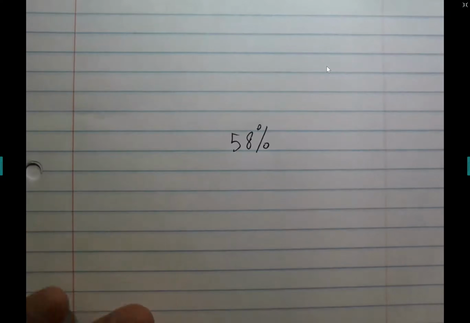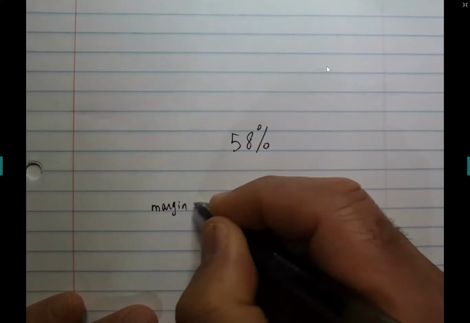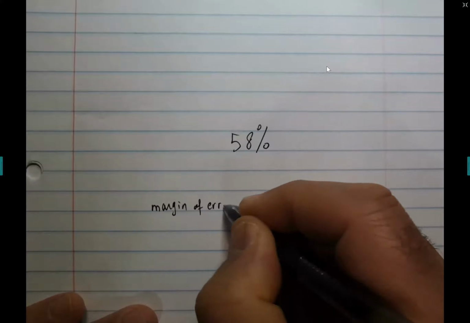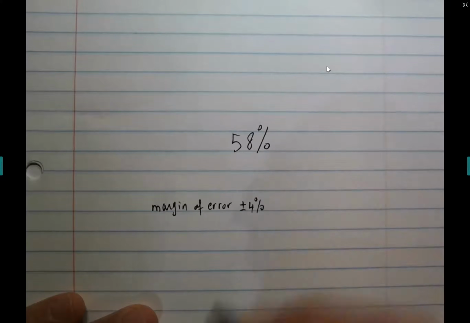And at the bottom, guys, there's something that you don't see. They do it in fine print. Margin of error is plus or minus 4%.